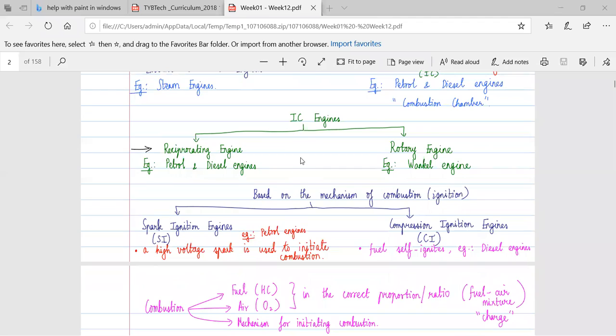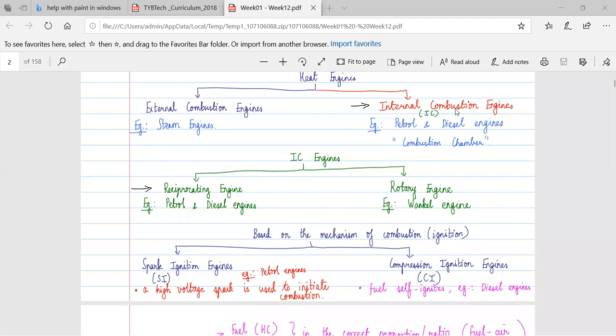These internal combustion engines may be driven by petrol or diesel. There are two types of engine: one is the reciprocating engine, and the second one is the rotary engine.